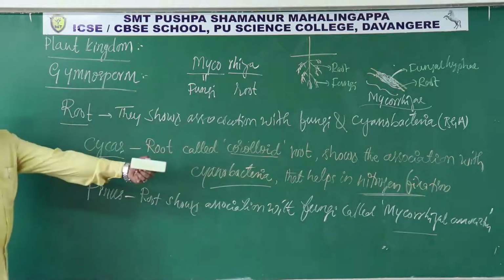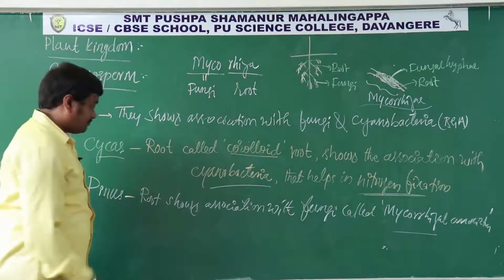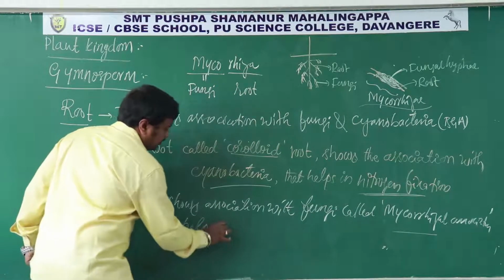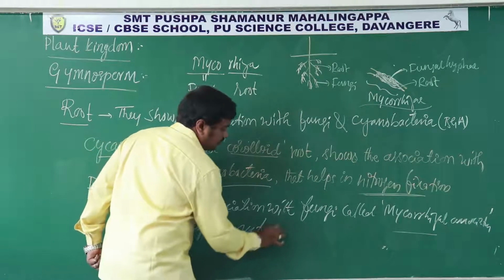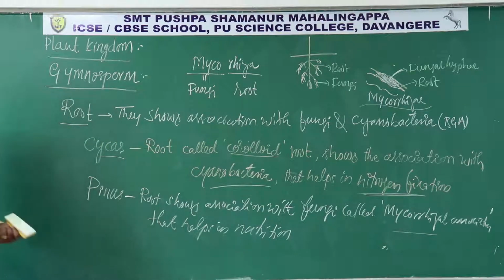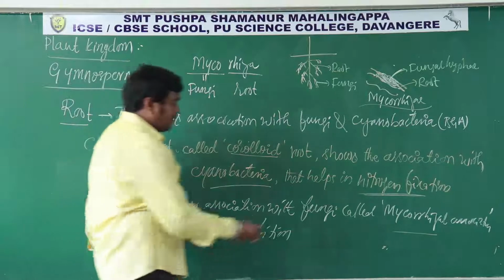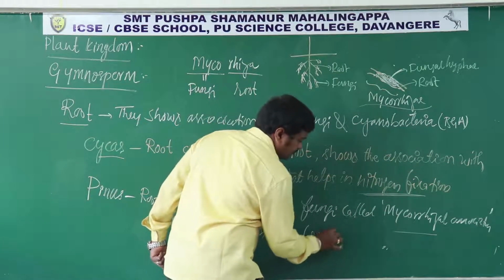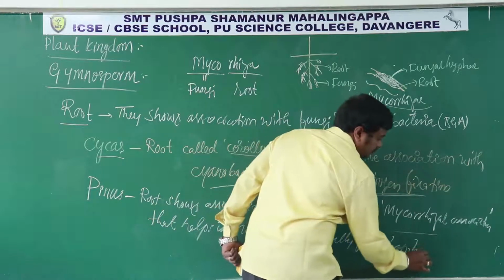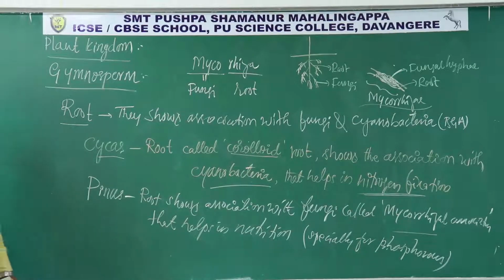In the same way, this mycorrhizal association helps this pinus plant to absorb nutrients, especially phosphorus. It helps in absorbing nutrients as well as water. More specifically, it helps in absorbing phosphorus in pinus.